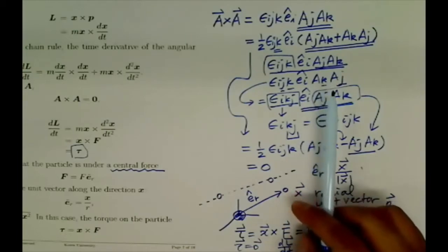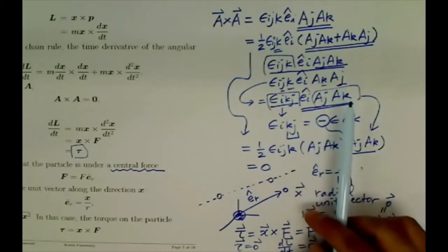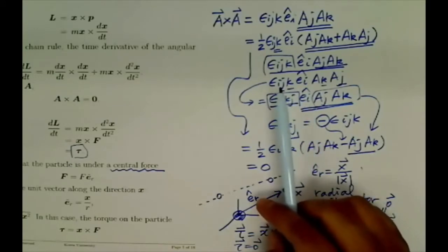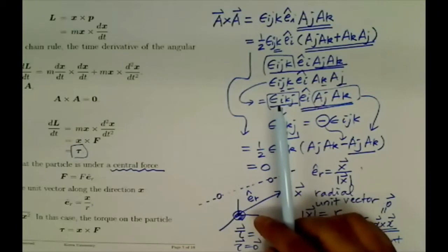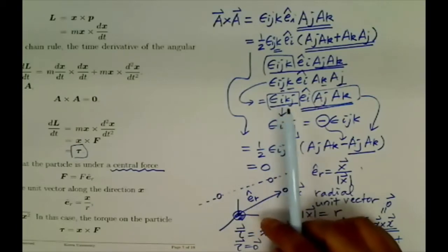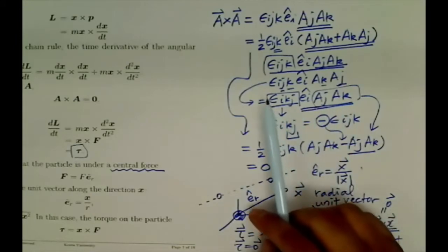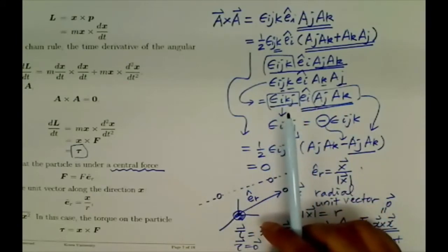Now we have the same factor a_j a_k but with the Levi-Civita symbol ikj.